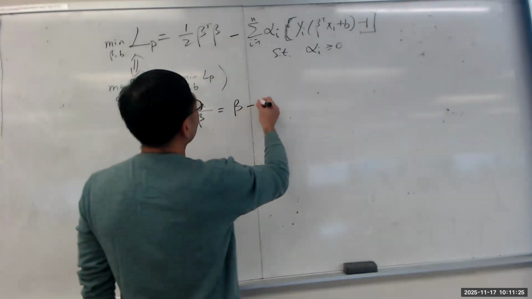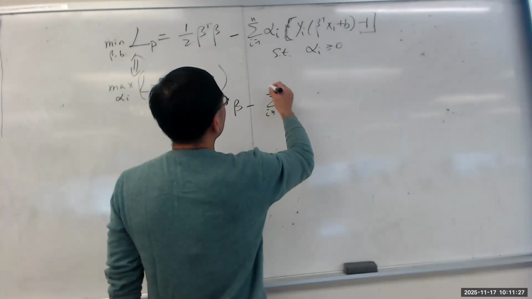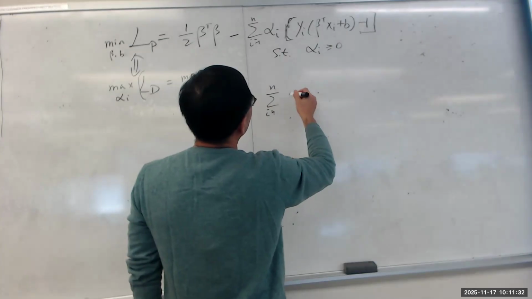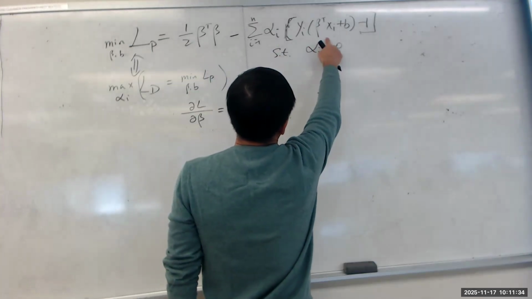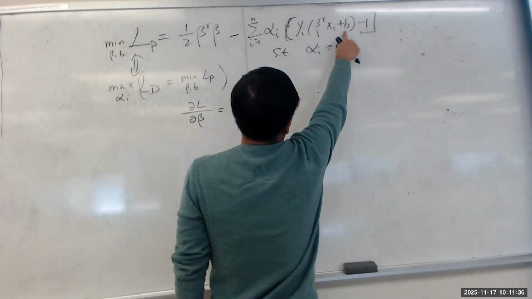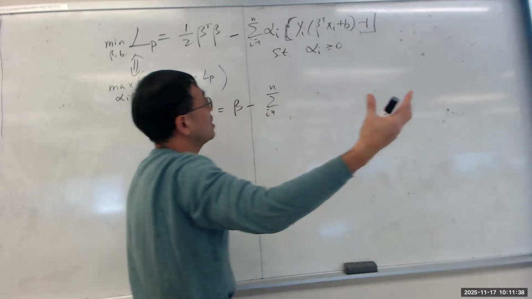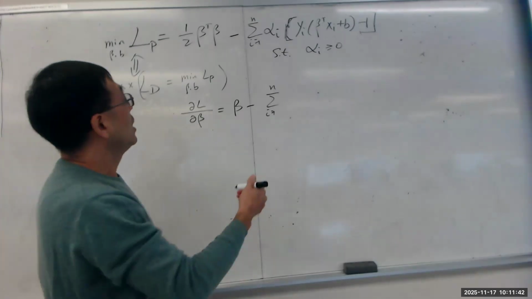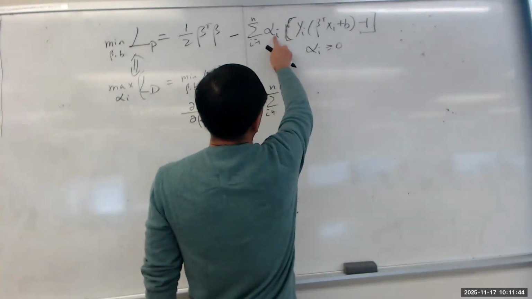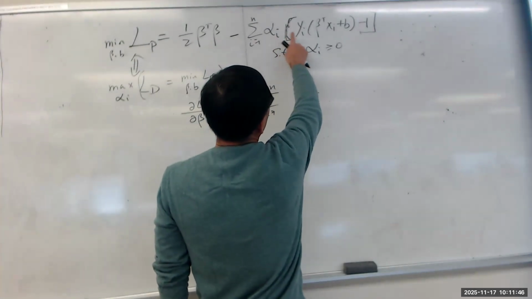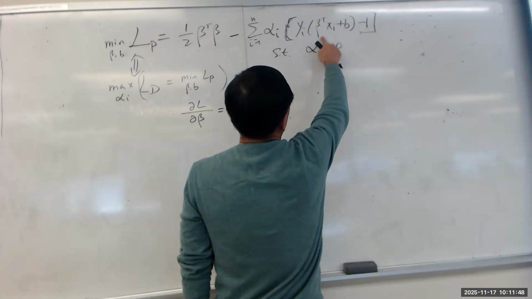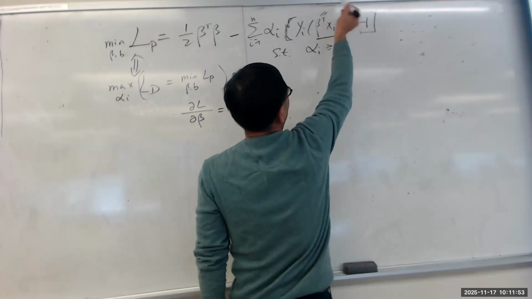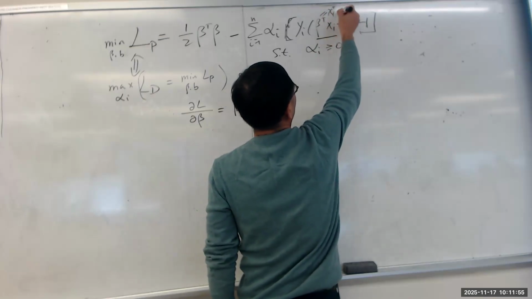Now minus the summation, i from 1 to n, of the second term, alpha i yi beta transpose xi. The b part and the minus 1 part are constant with respect to beta, so they are gone. Since they are vectors, beta transpose xi is equal to xi transpose beta.